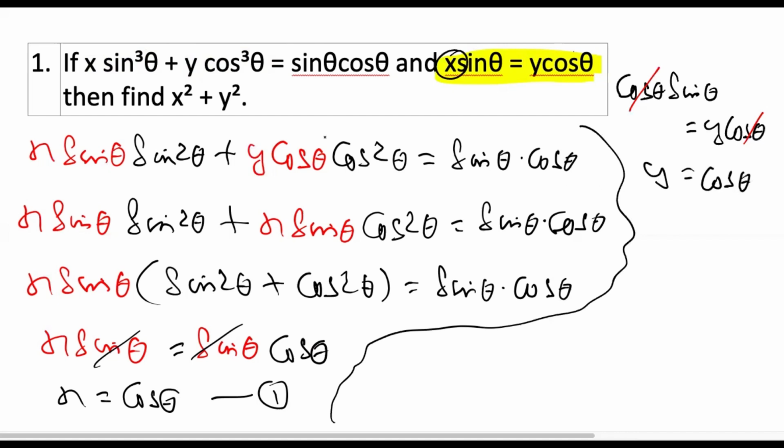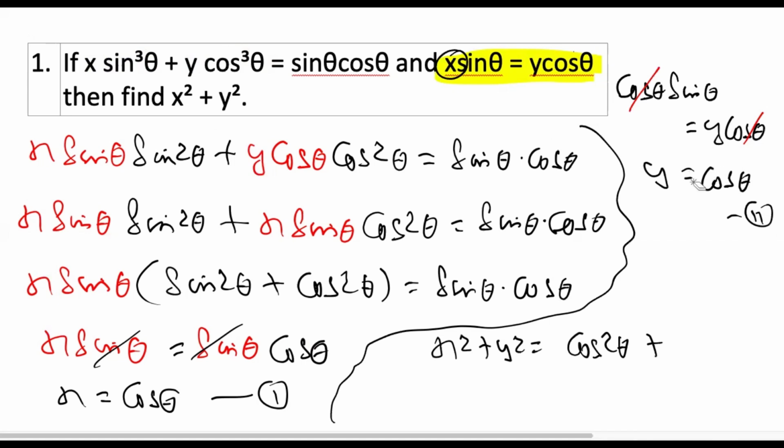Now finally what we had to get is the value of x squared plus y squared. So clearly I can see x squared plus y squared. x from here is cos, so this is cos square theta plus y, as we know, y is sin, sorry, what I wrote here. y should be sin, right?